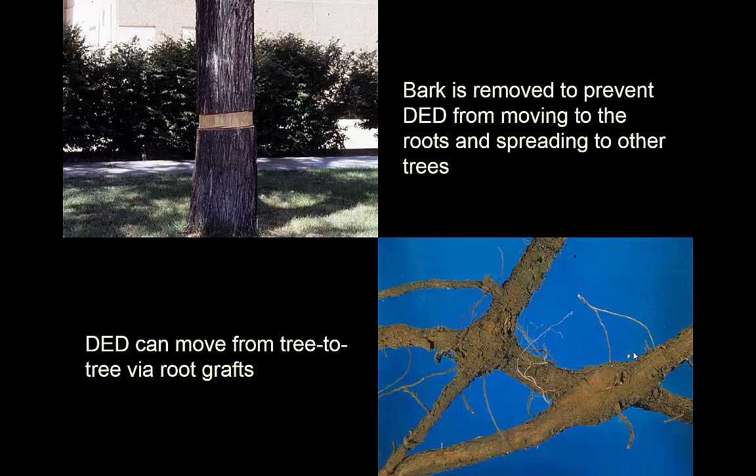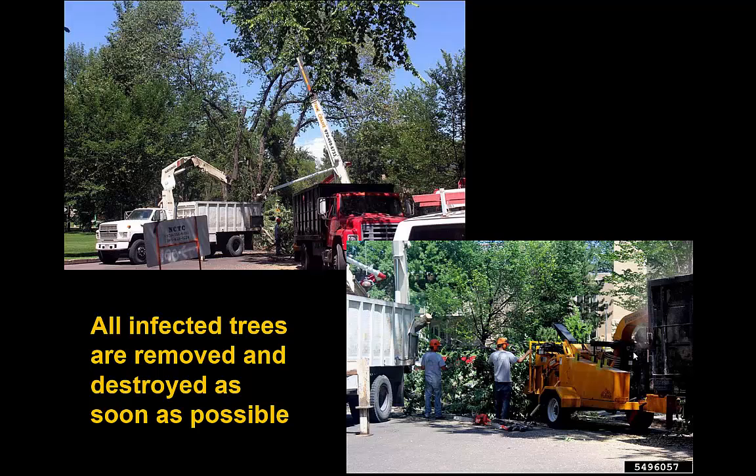So that's sometimes done immediately to prevent the graft transmission. However, as soon as possible, that tree must be removed, and it must be removed before the beetles that are developing within it emerge, because if they are in an affected tree, they may be carrying the spores of the fungus and then could inoculate new trees. The beetle has 2 generations a year, so a fairly rapid life cycle, and again, removal and disposal of those trees is the way that this disease is managed.